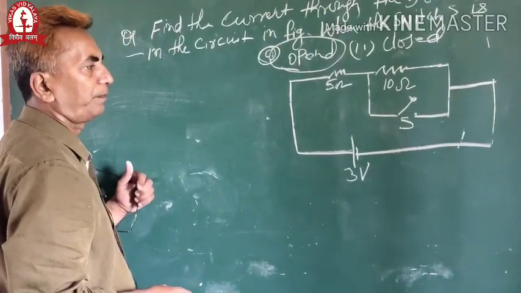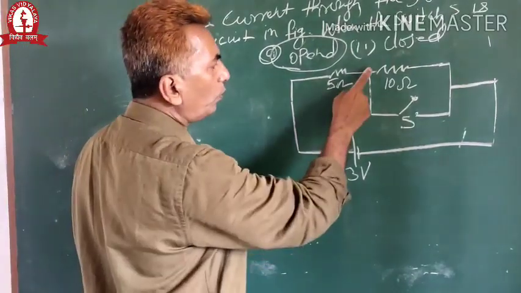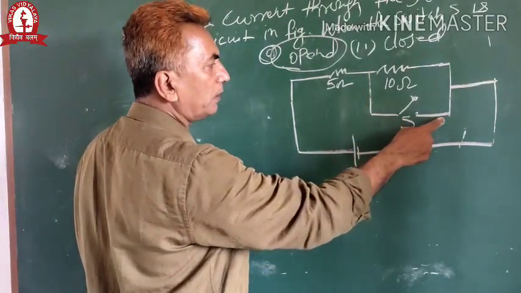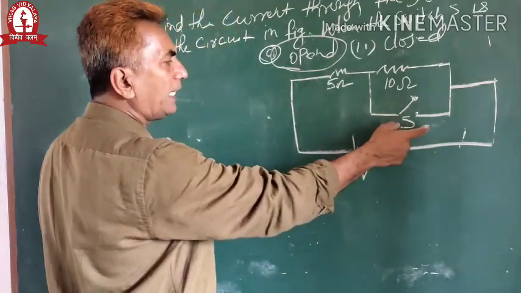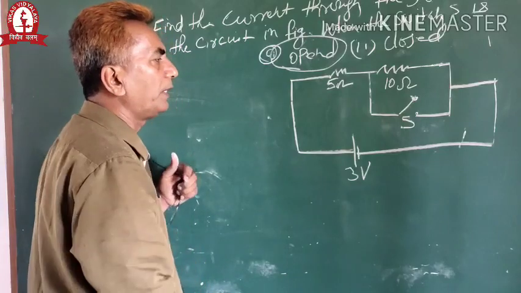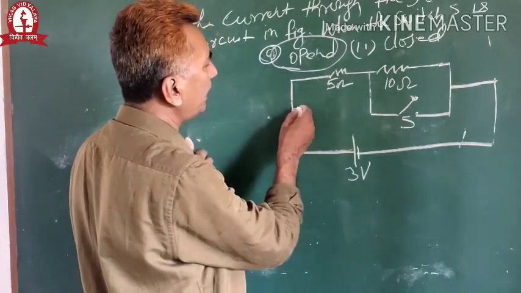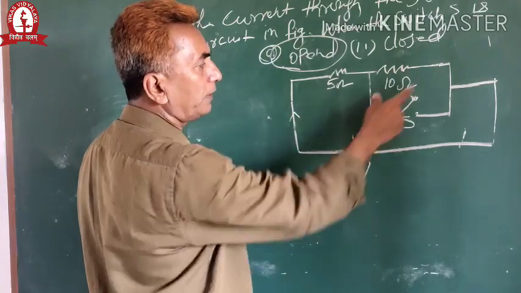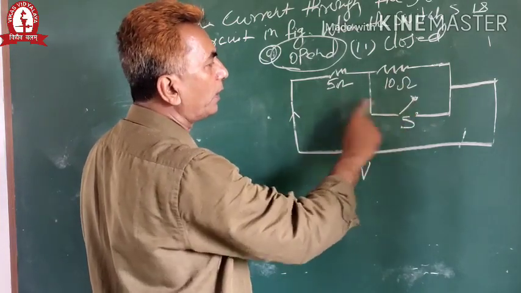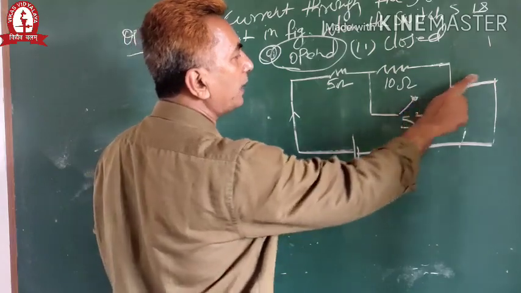You see one thing, that is surprising. No resistance is given in this. That means it is of negligible resistance. That means when current will start from this, as this is 10 ohm and this has no resistance, the whole current will pass through like this.